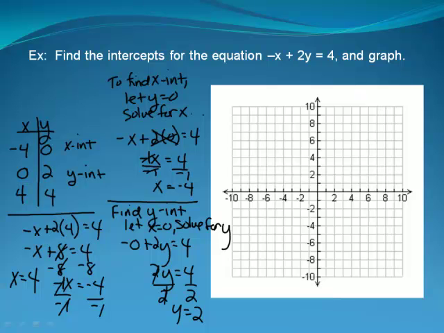So let's plot those points, make sure they all lie in a straight line. We've got negative 4, 0, which is 4 to the left and 0 up or down. We've got 0, 2, which is 0 left or right, and 2 up.